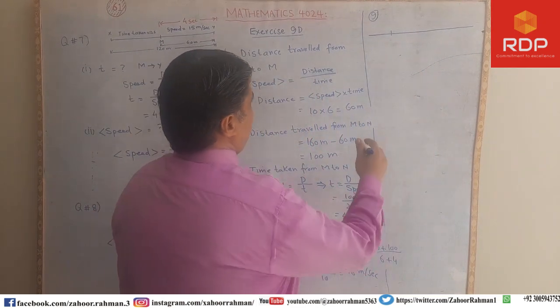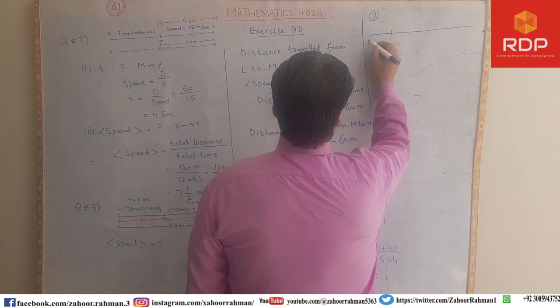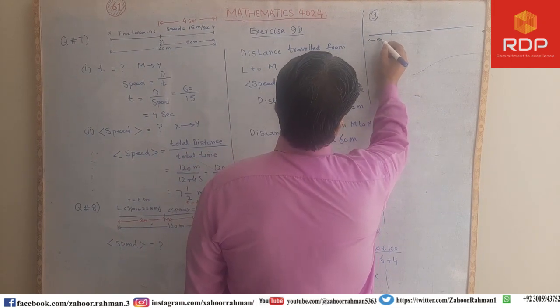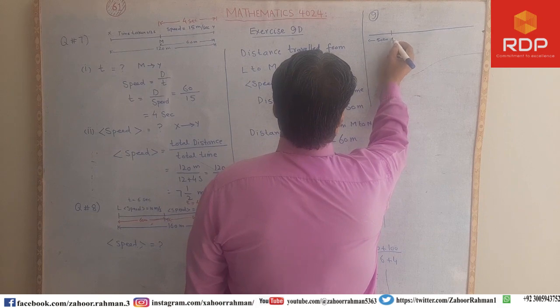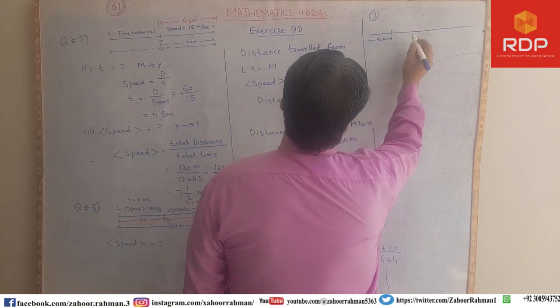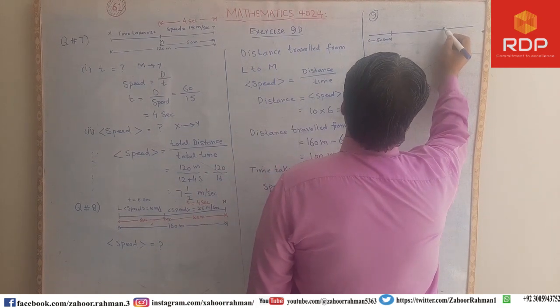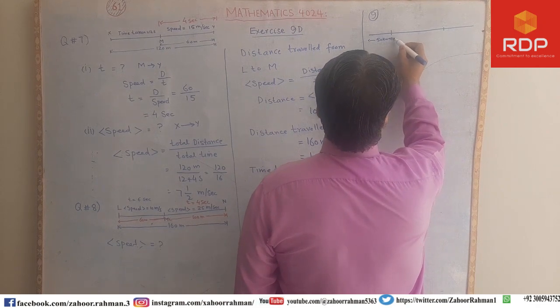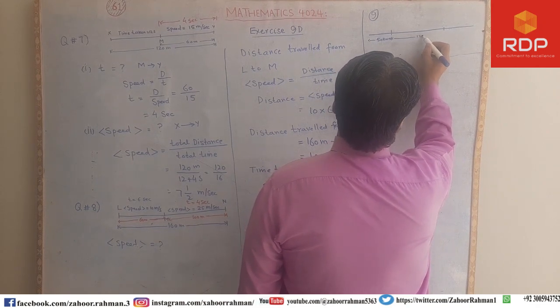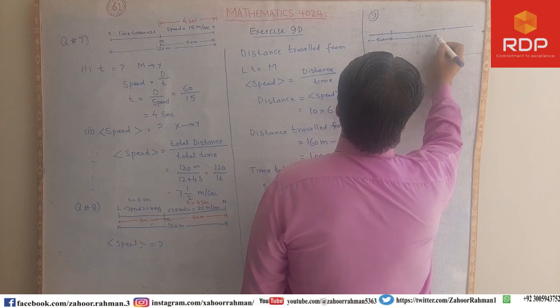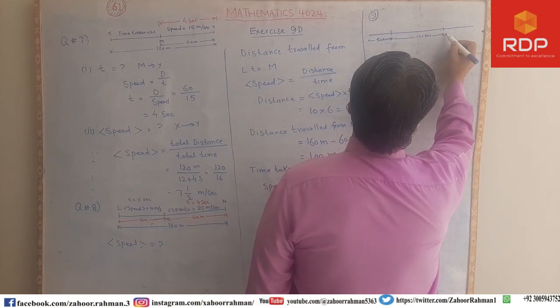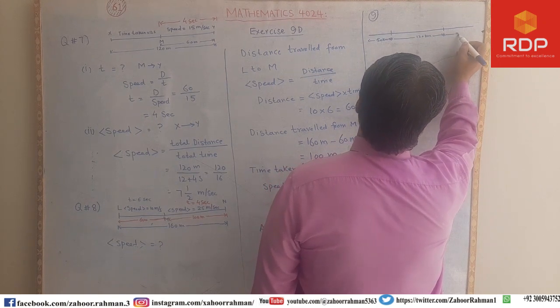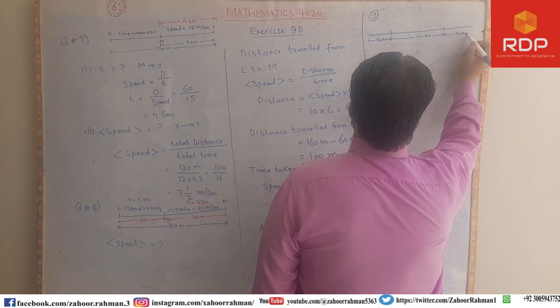I am labeling it: the first 50 kilometer, then the next 120 kilometer, and the final 90 kilometer distance.